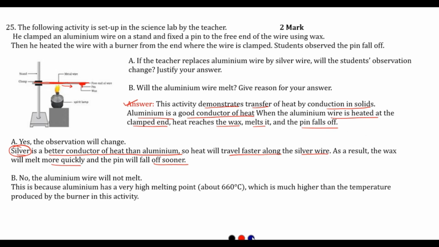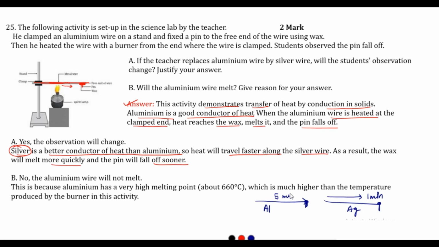So what they have told here, imagine this is the aluminium wire and here there is a pin with the wax, and this is the silver wire and here there is a pin with the wax. Then if you compare the conduction, in silver it is faster. So in silver, if it is taking 1 minute for this pin to fall, then in aluminium it takes something like 5 minutes.